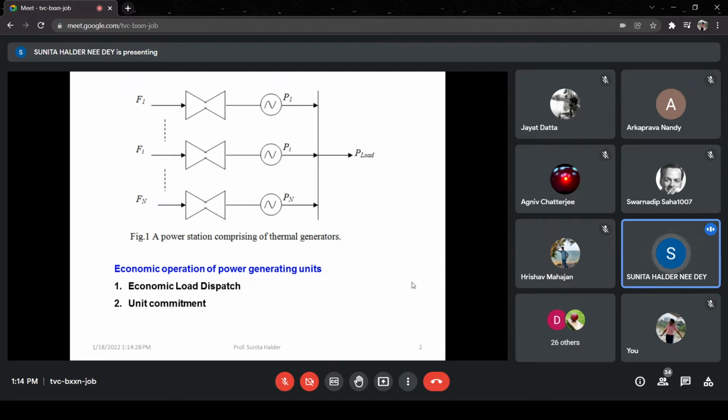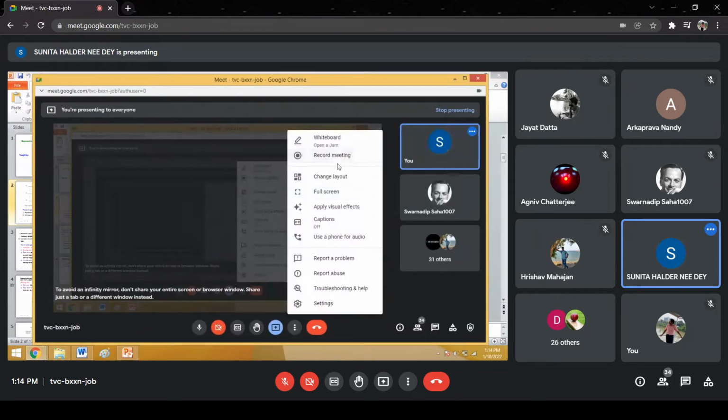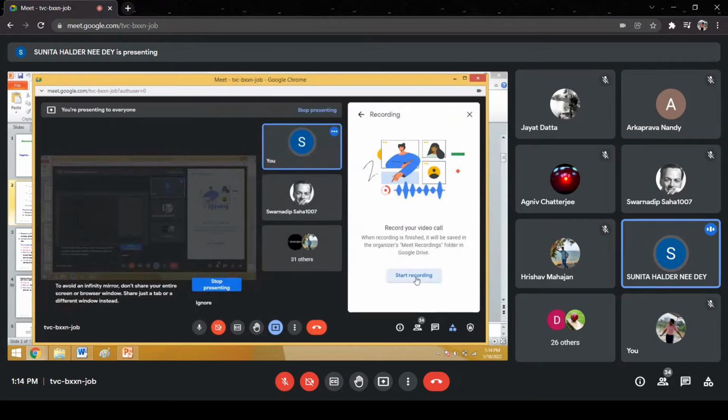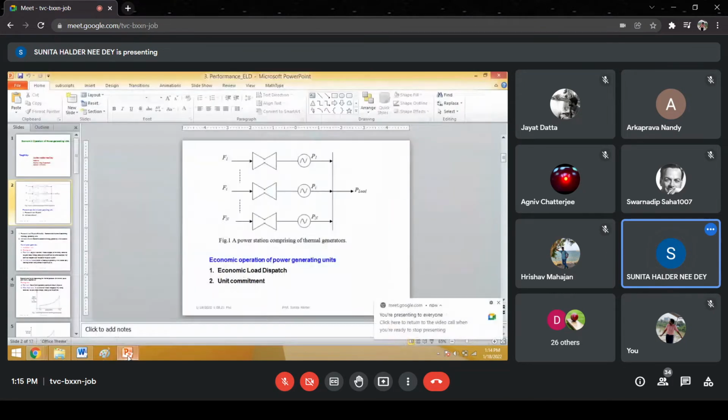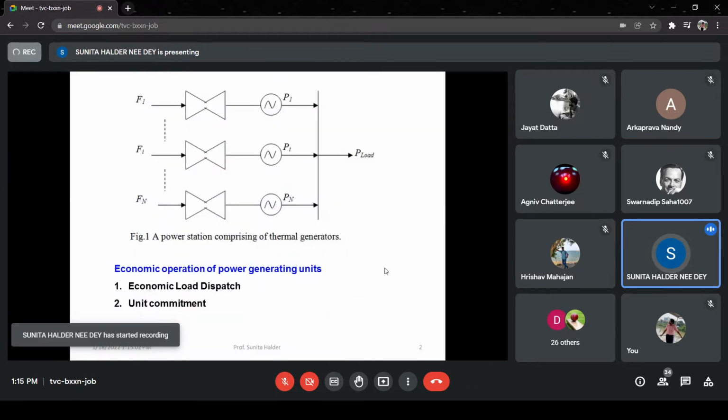Now, a plant means something which is generating power. In a plant, there may be one generator, or more than one generator. So a plant means an area which is generating power, and a unit means a generator in that plant. So a plant is like a power station actually.